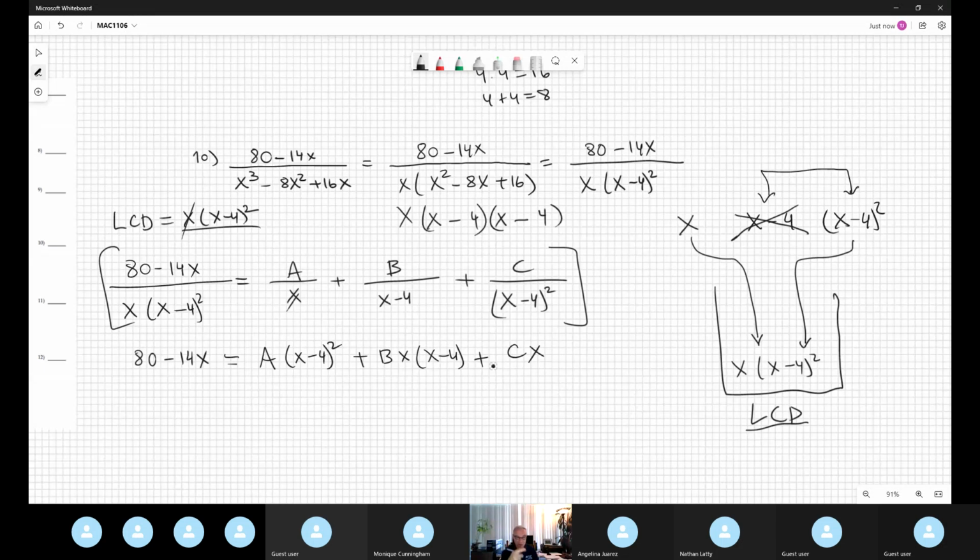Okay, you have now one expression that is equivalent to the whole original, but not a fraction anymore, because you multiply everything by the LCD.